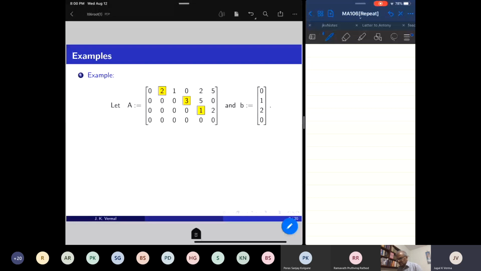So this matrix A is in row echelon form, and there are 4 equations, and the right hand sides of those 4 equations were B1, B2, B3, B4. They are stored in this B column. Okay. So now we run the algorithm that I just described.